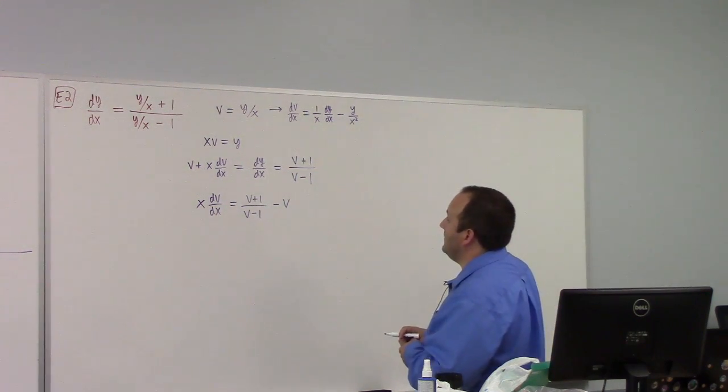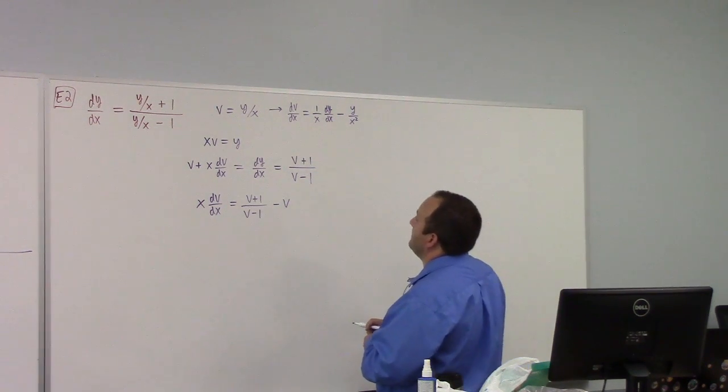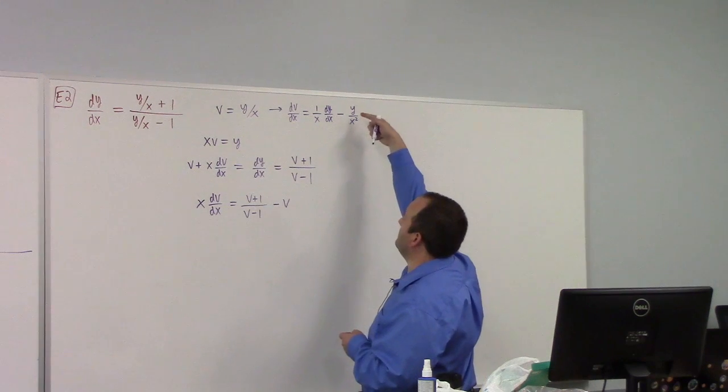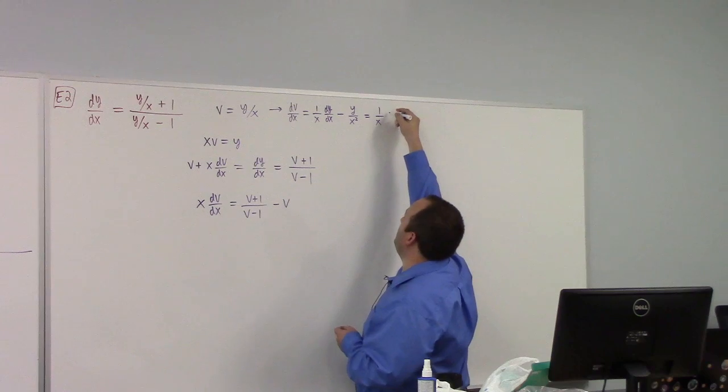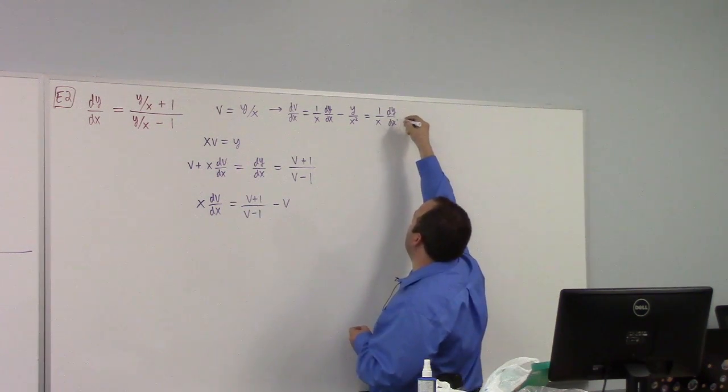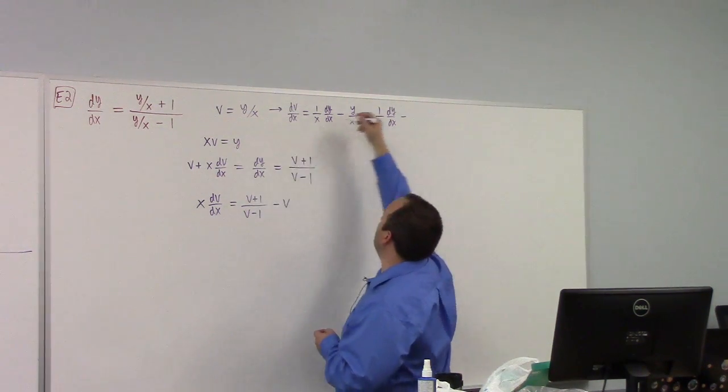But then if you go down that path, you kind of have to get rid of this y here and replace it with a v. So how do you do that? y equals xv, right?